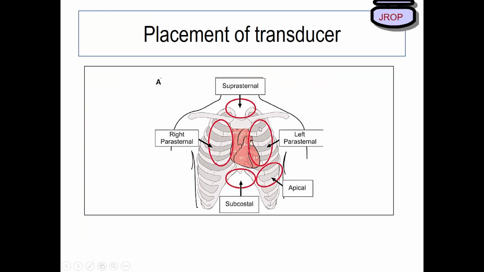One is the left parasternal region, left second intercostal space. Apical is the fifth intercostal space. Subcostal, subxiphoid place. Right parasternal, right third intercostal space, and suprasternal in the suprasternal fossa. So we'll be showing you all these images one by one. Remember we have 5 positions where we keep our transducers.